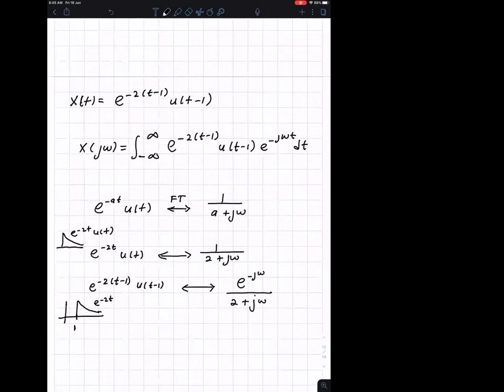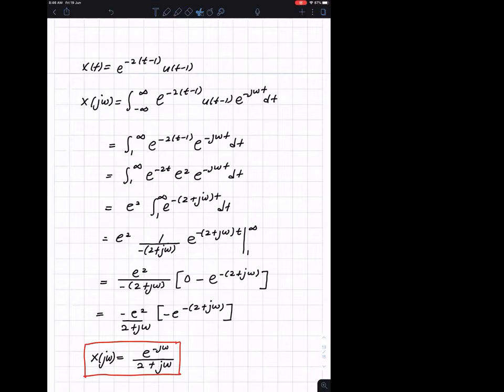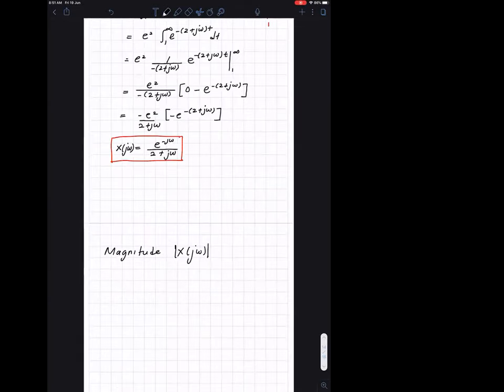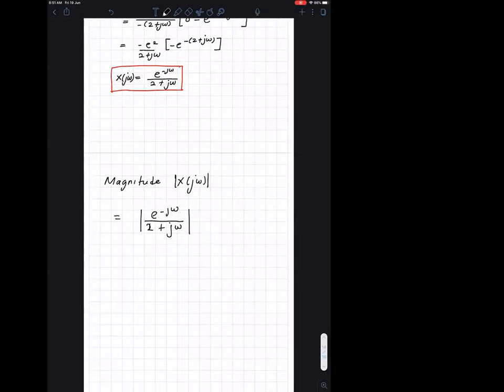Okay, I can also show you how to integrate this. The magnitude of this is equal to the magnitude of e to the minus j omega divided by the magnitude of 2 plus j omega.